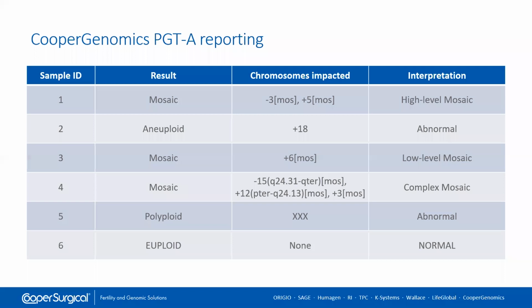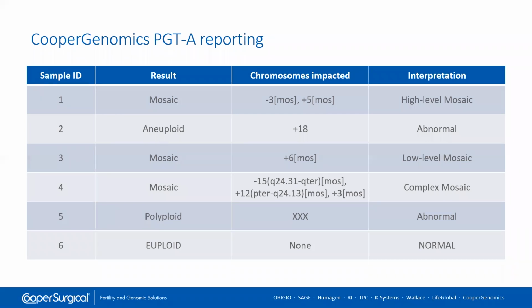So from a reporting perspective, and when we're thinking about transferring embryos and patient conversation, what we have is ideally embryo 6 at the bottom, euploid, no chromosomes impacted, it's normal, this is your priority transfer. You're then left, you can exclude, or most people would exclude, sample ID 2 and aneuploid, particularly this one, trisomy 18, is abnormal.